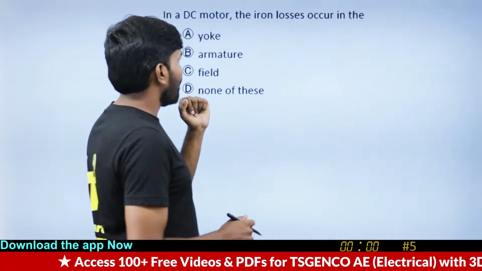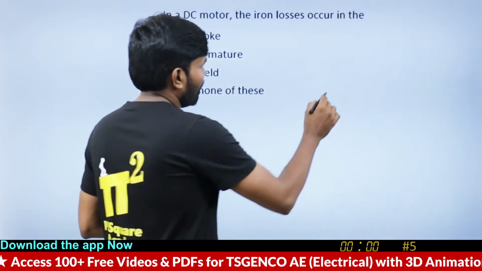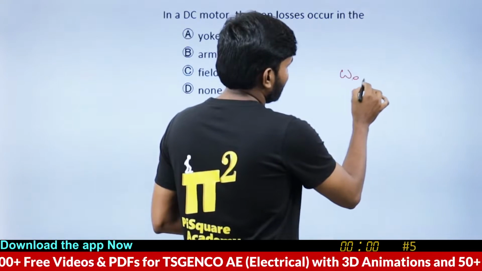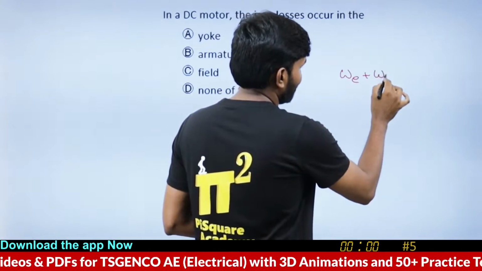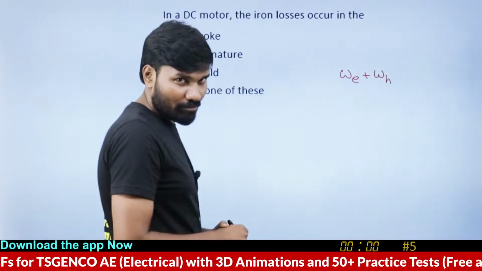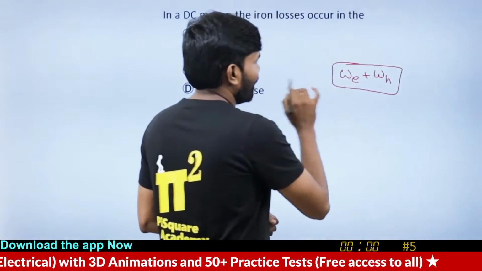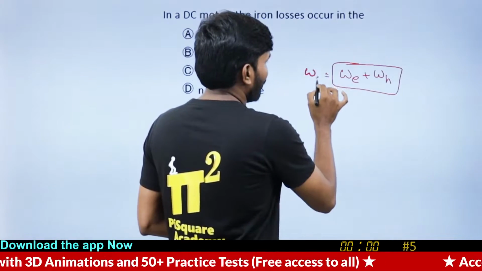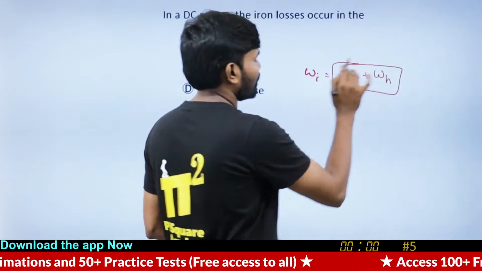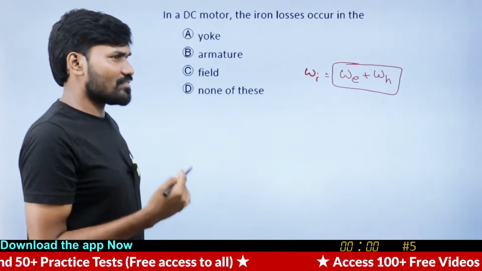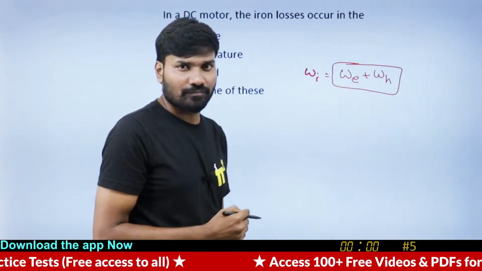Iron losses means eddy current losses plus hysteresis losses. Am I right? So tell me, are eddy current losses and hysteresis losses present in a DC machine?